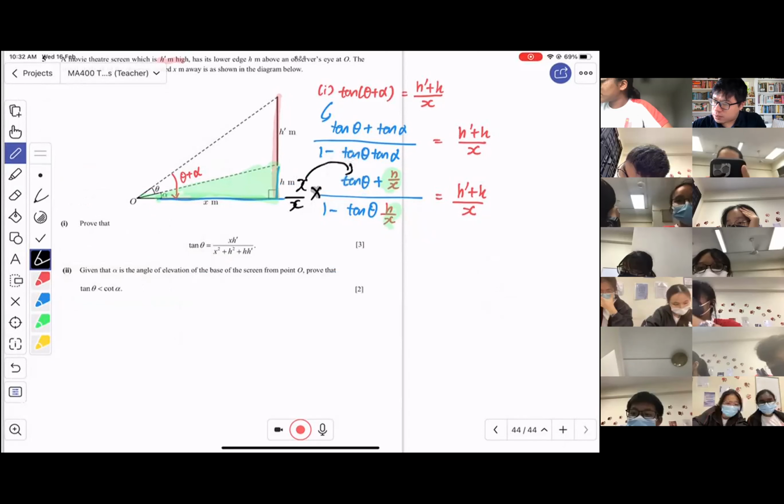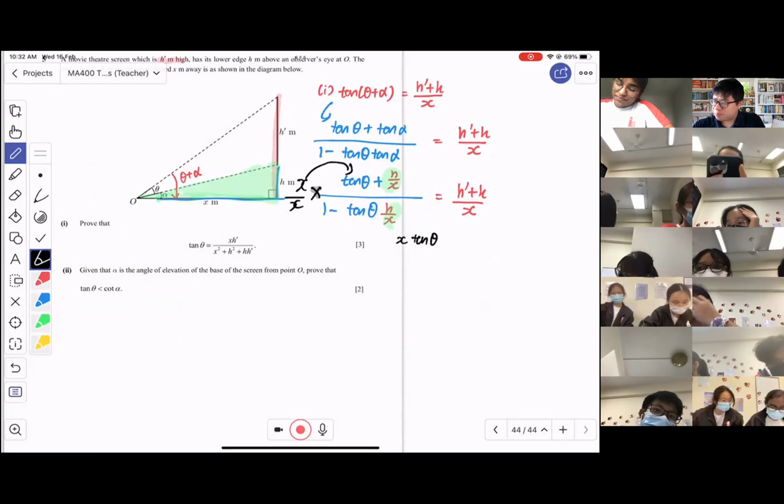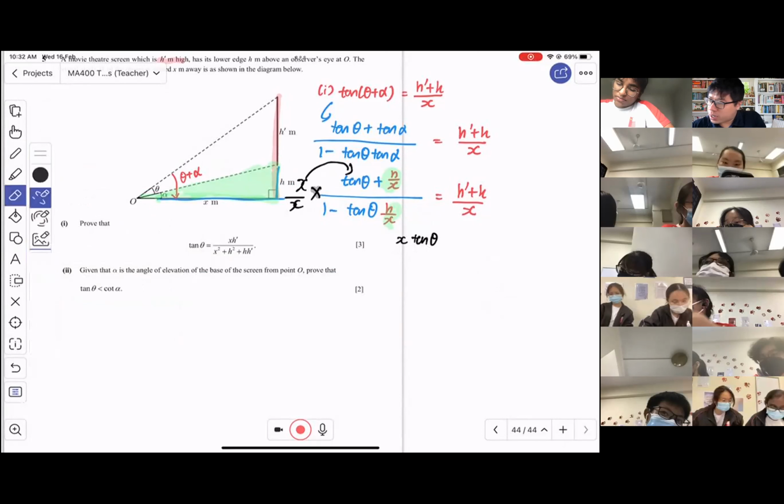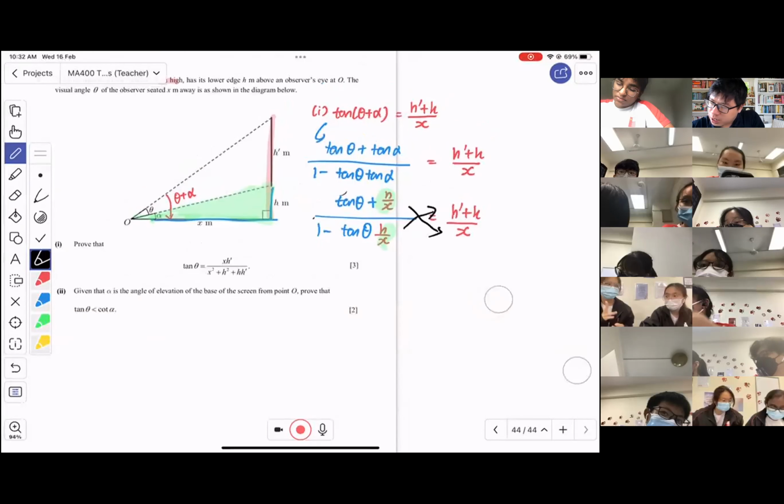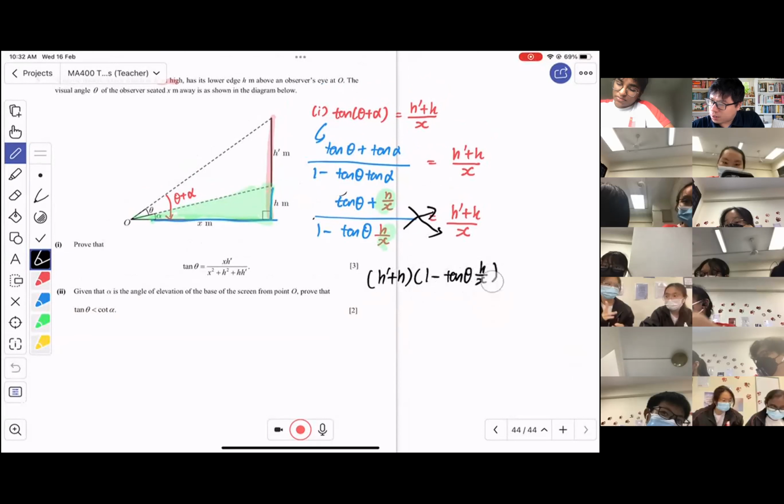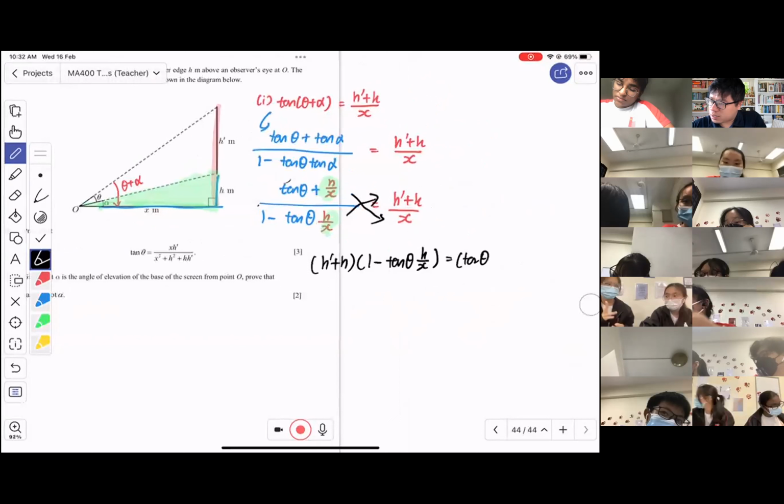Another way is to just cross multiply. So H prime plus H, times 1 minus tangent theta H over x, equals tangent theta plus H over x, times x.